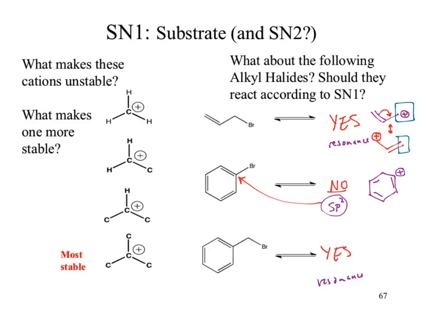Well, there it's 0. So if I average the charge across those two structures, I get an effective positive charge of +0.5. Is that more stable than a +1? Yes. Is that more stable than the tertiary? Yes, because the tertiary has a +1 charge. So resonance is a stronger effect, and we can see that by drawing out those structures.